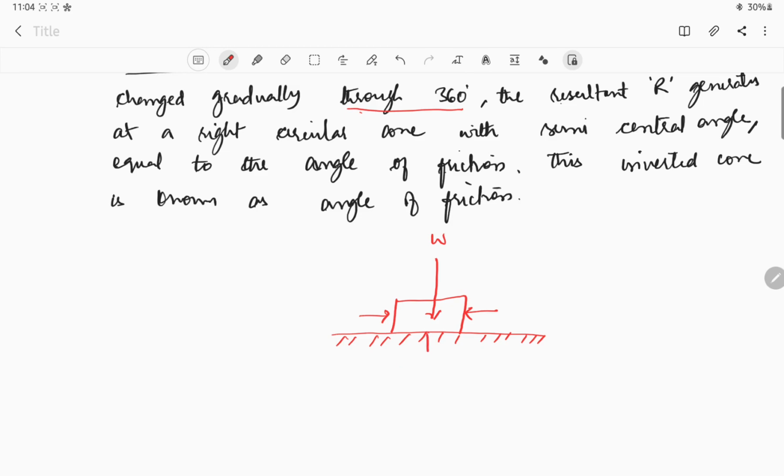So what happens here? We'll have the normal reaction, this is N. The resultant will act in this direction at one time, and at another time it will act in this direction. When you join these two lines, it will form a cone type of structure, isn't it? This inverted cone is said to be your cone of friction.